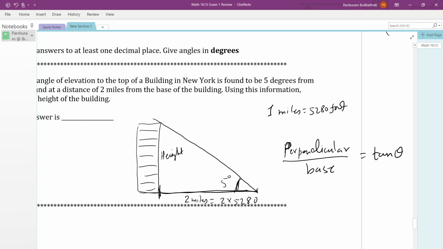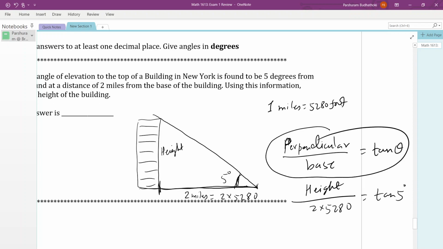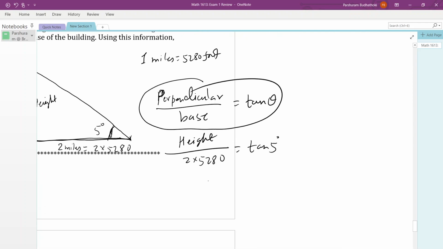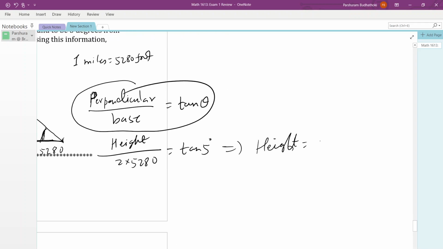In this case it's 5 degrees, and the perpendicular is the height of the building we're looking for, and the base is 2 times 5,280, and this is tangent 5 degrees. If you want to find the height of that building, you just have to multiply both sides by 2 times 5,280. So the height of the building is equal to 2 times 5,280 times tan 5 degrees.